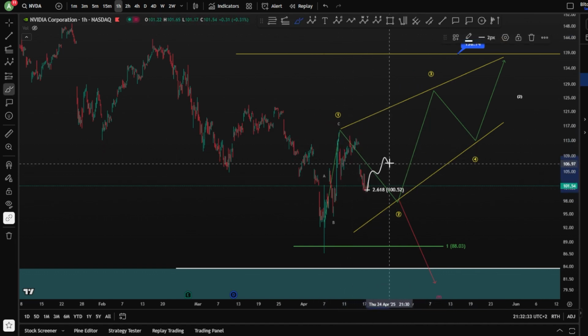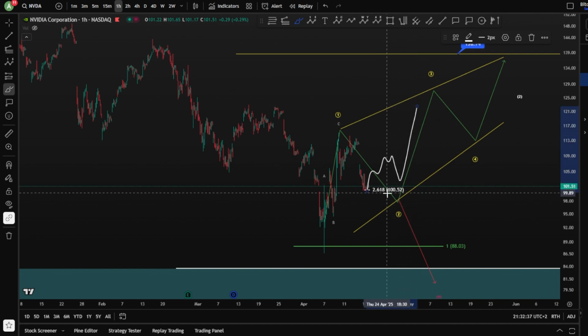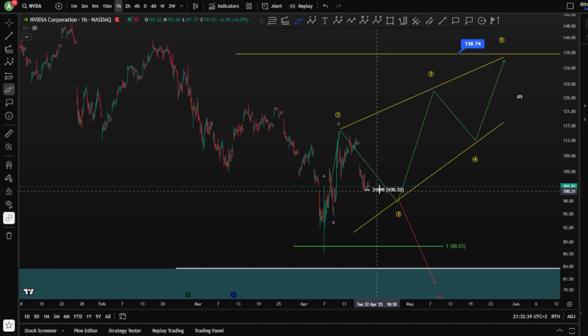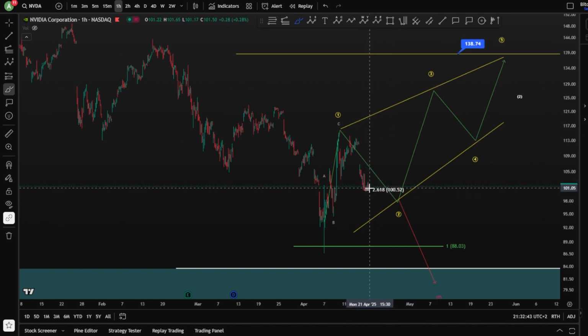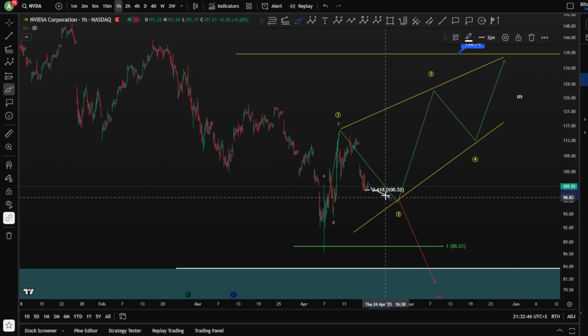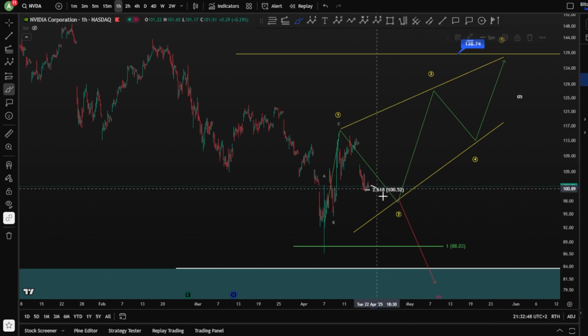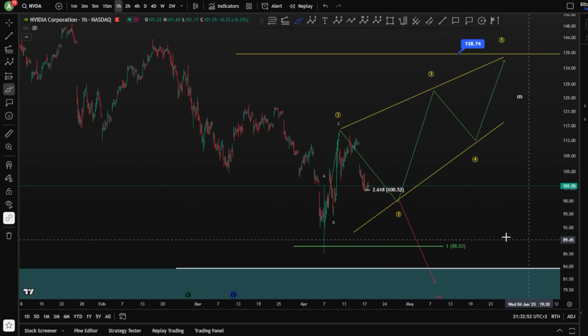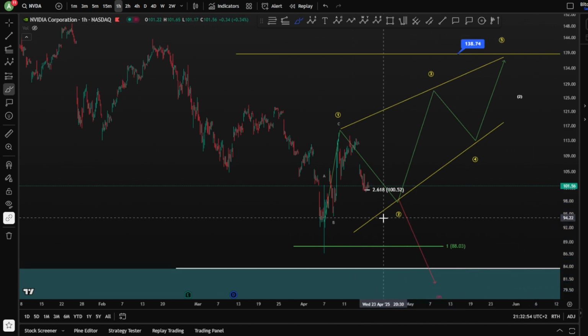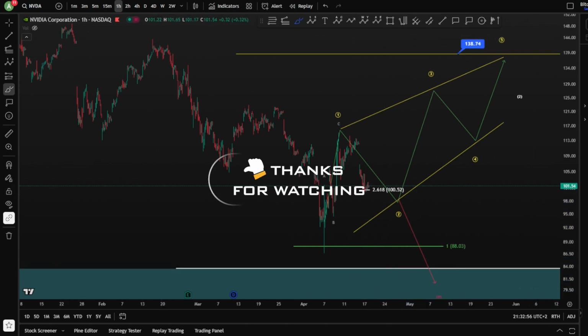We would like to see a continuation toward the upside right now, and then continue impulsively. Otherwise, we still have to be very secure and trade safe in this area. It's a very tricky area, because if we move down and simply break the 0.886, meaning you're taking the low, you're coming back to the blue zone. Very simple. So that was it for Nvidia.